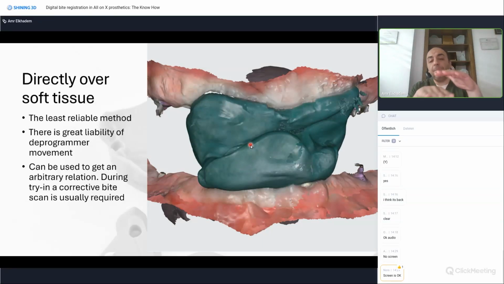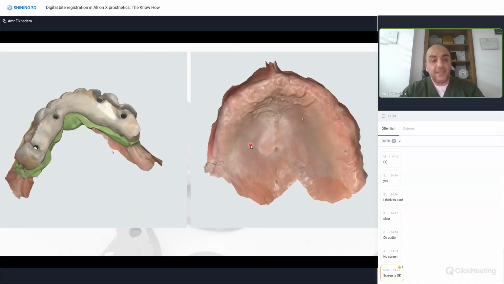So the relationship is not stable, and so your jaw relationship is not the best. Maybe you can use it for a tentative jaw relationship that you are going to correct later on, but really this is not the best way. It requires a very professional prosthodontist and really very good control and cooperation from the patient. But still, it's a way.